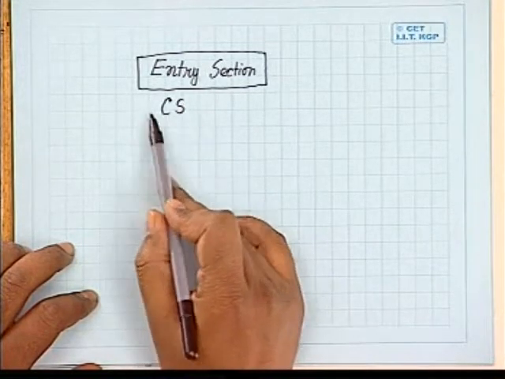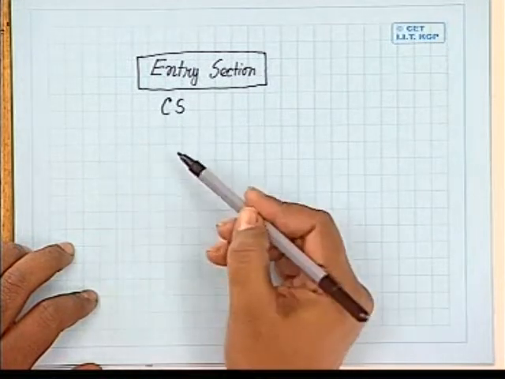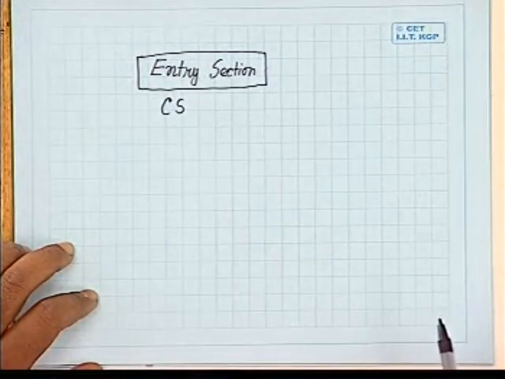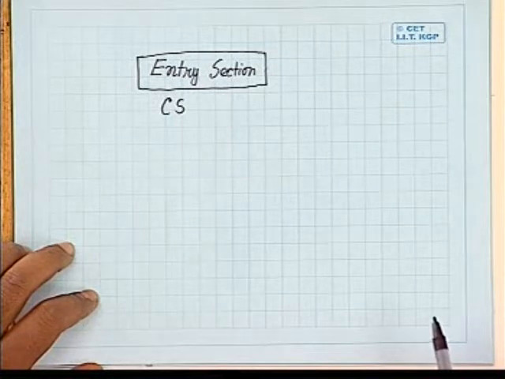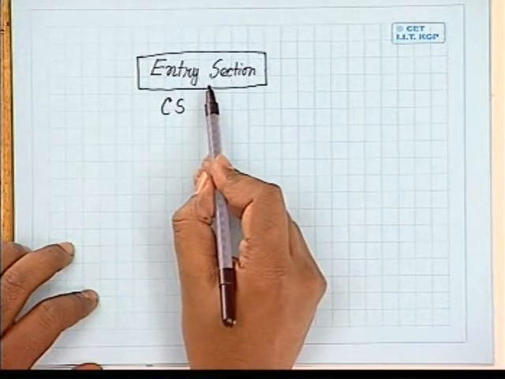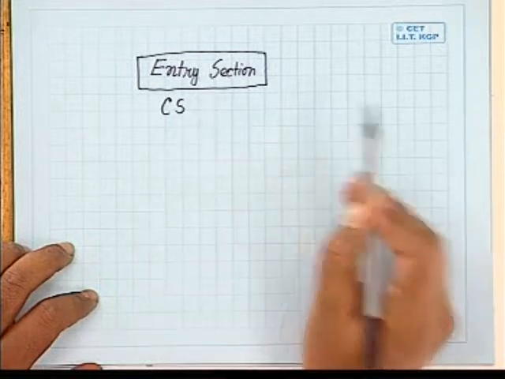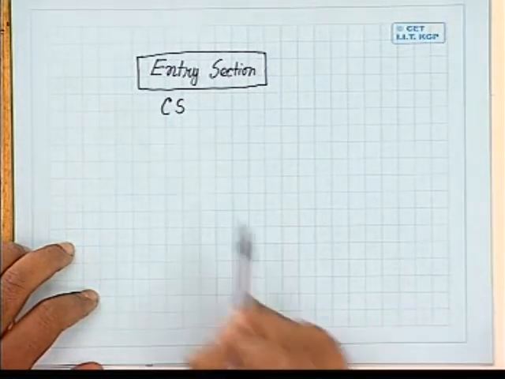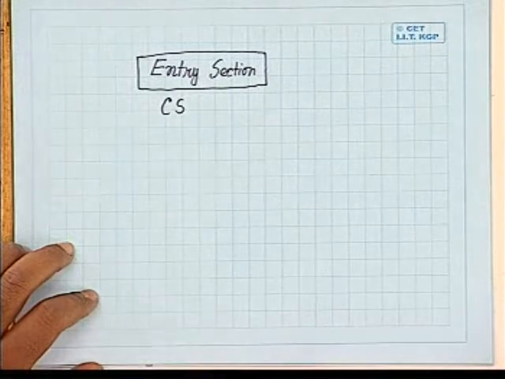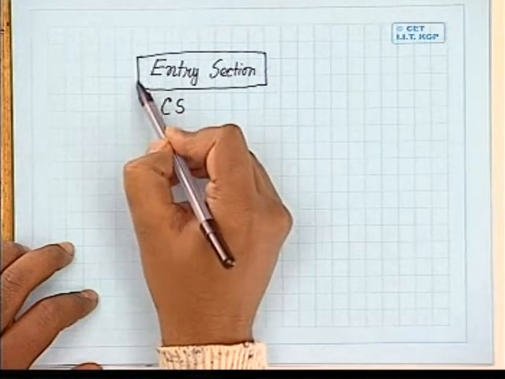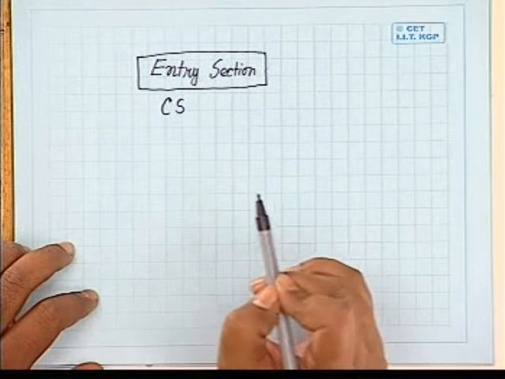That is, this critical section has to be locked, and it will be unlocked when the process comes out of the critical section. So a lock has to be set in the entry section when the process enters the critical section, and that lock has to be checked by all other processes to see whether the critical section is free or not. All these operations are to be done in the entry section.